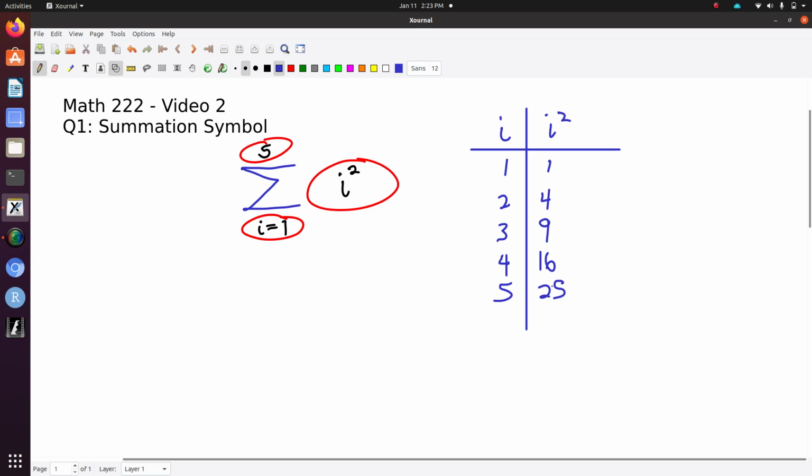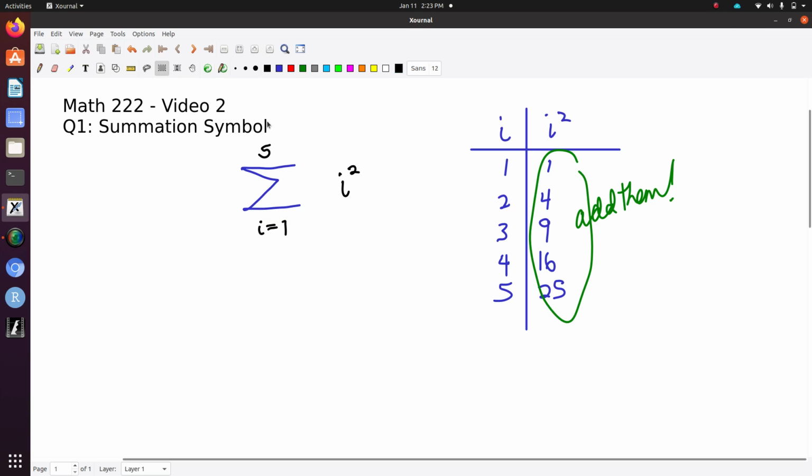The summation symbol means we're going to collect up all of these and add them. So that means this whole summation symbol should evaluate to 45. Okay?